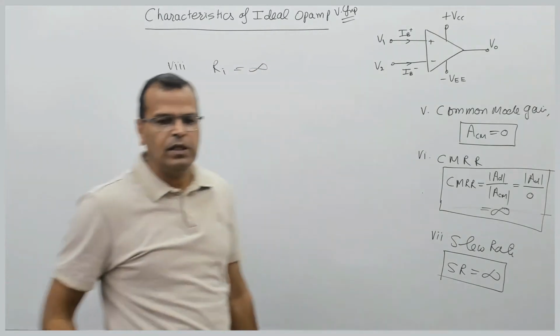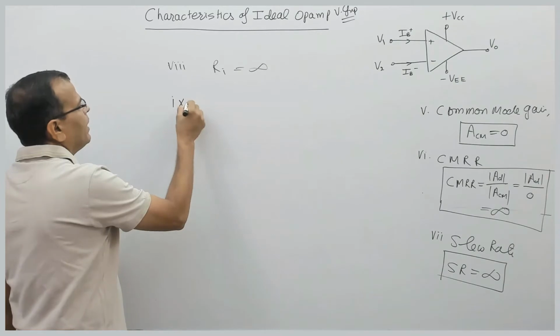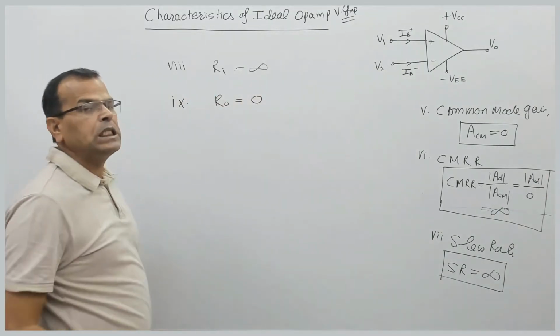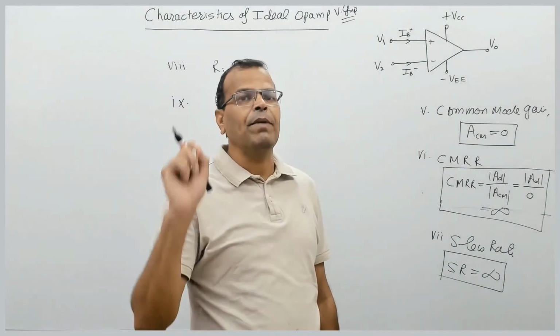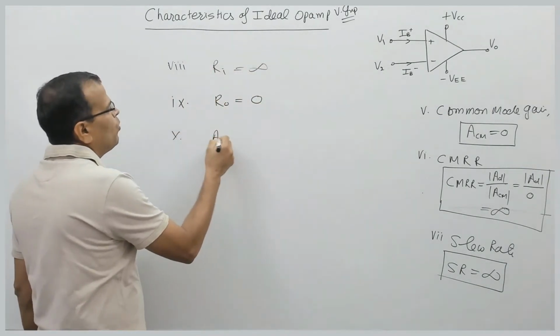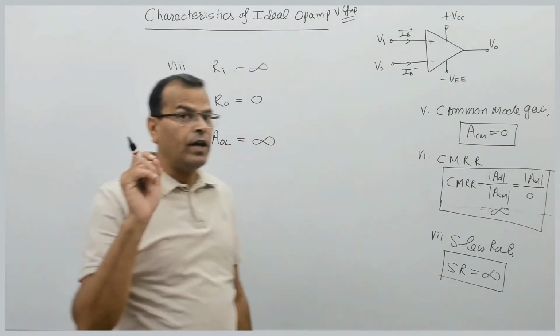Please remember this. The output impedance for an ideal op-amp is 0. Please remember this. Then the open loop gain for an ideal op-amp is infinite.